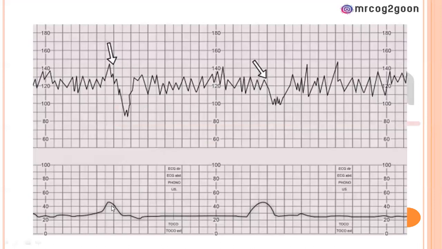So here there is a peak, it started, and this is the acceleration. We said the shouldering happens before the deceleration, and then the deceleration, the contraction finished, it will recover. Here as well, there is the peak, it happened, lowered, and recovered.